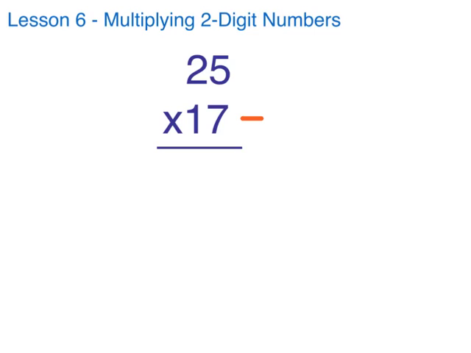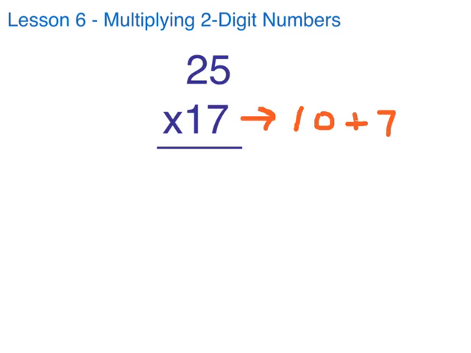We know that 17 can be broken down into 10 plus 7. So we can break this multiplication down into two simpler multiplications that you already know how to do.